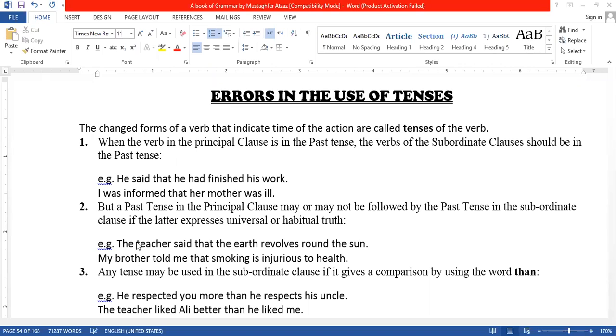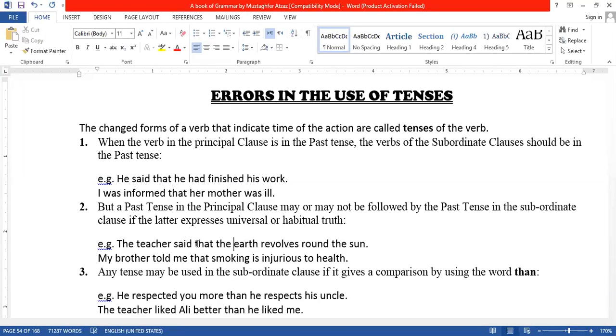For example, look at the first example: the teacher said that the earth revolves around the sun. In the principal clause we have used past tense, "said", but in the subordinate clause that starts from "that", the earth revolves around the sun, I have used the present tense.